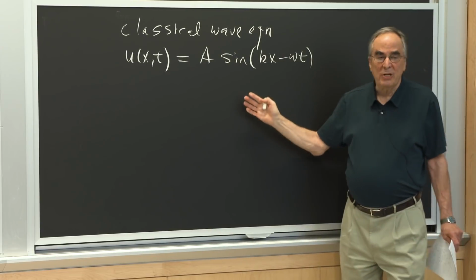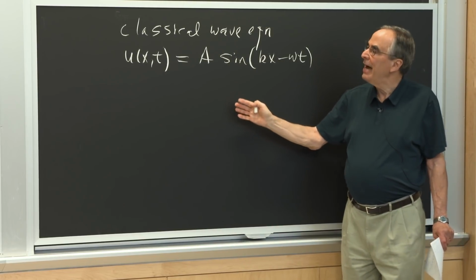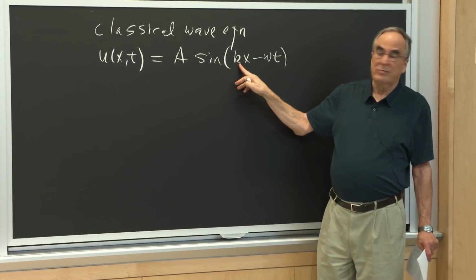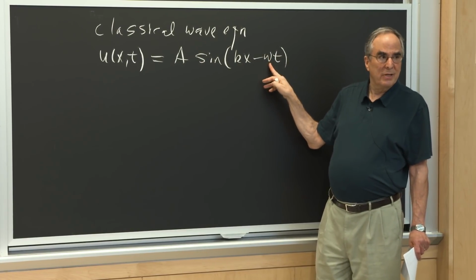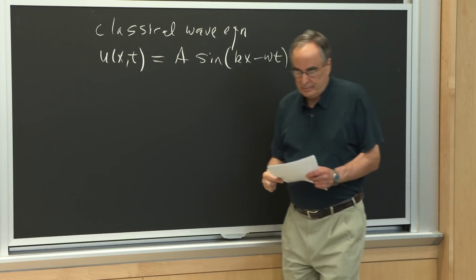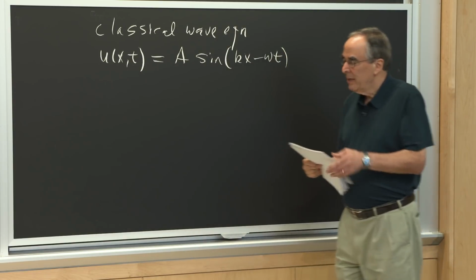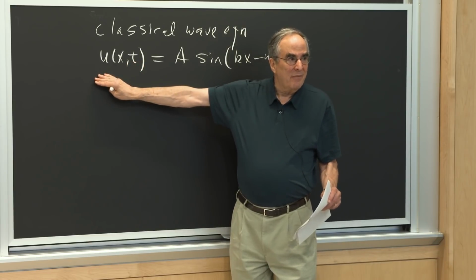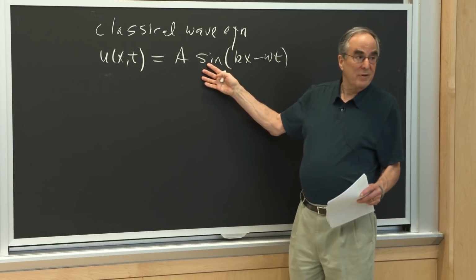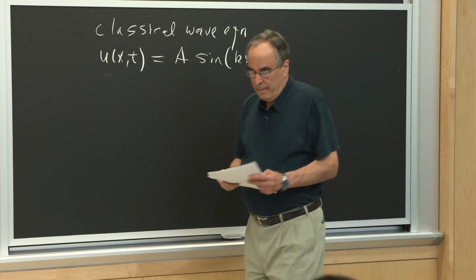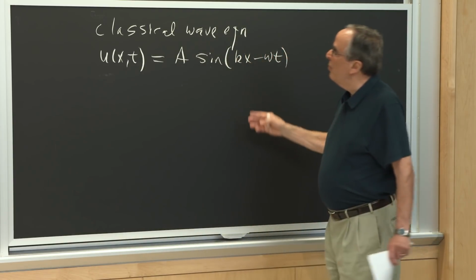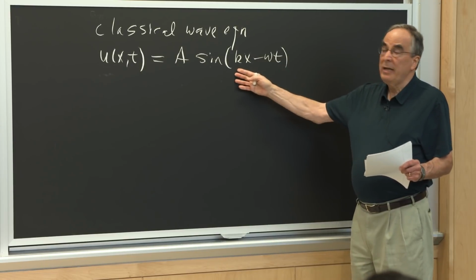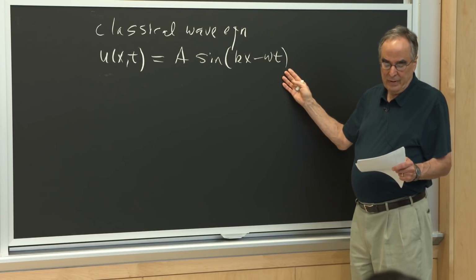So I'm doing this to introduce you to the crucial actors in this game, which are amplitude, wave number, and frequency. Okay, and this is a probability amplitude. It can have either sign because you can see the sine function. So this is a wave of frequency omega propagating in the plus x direction.